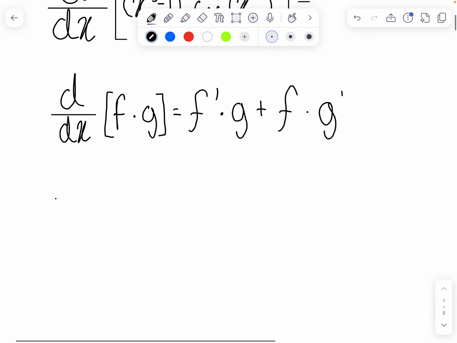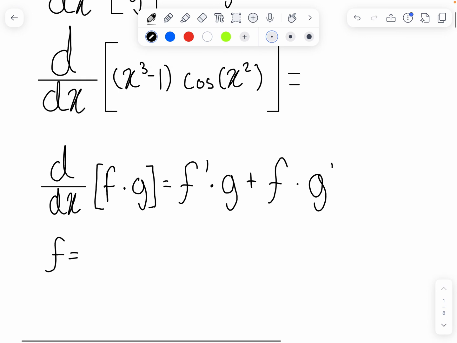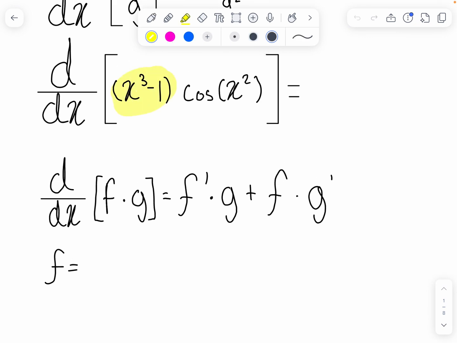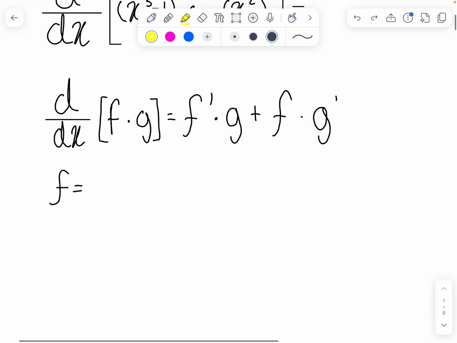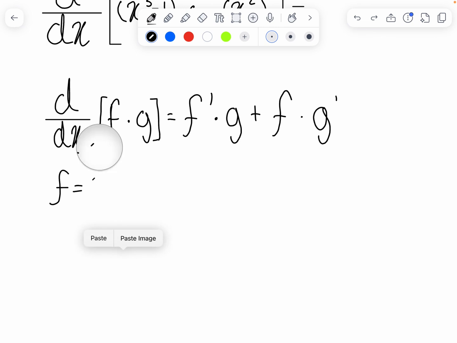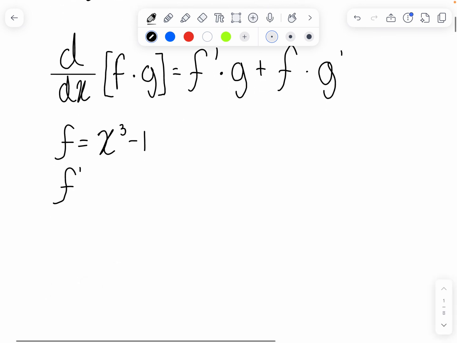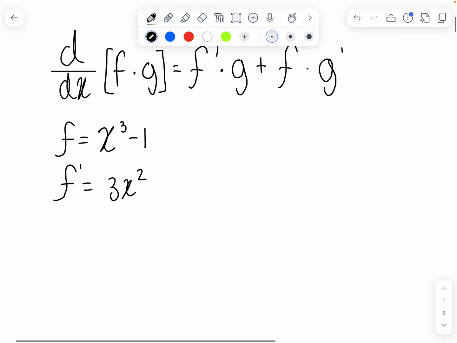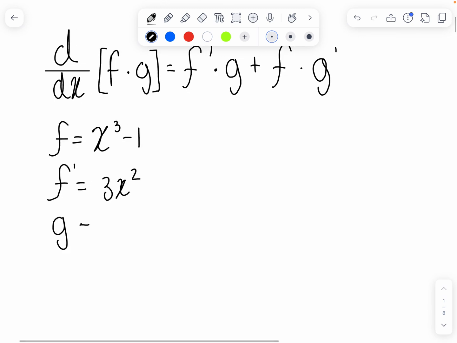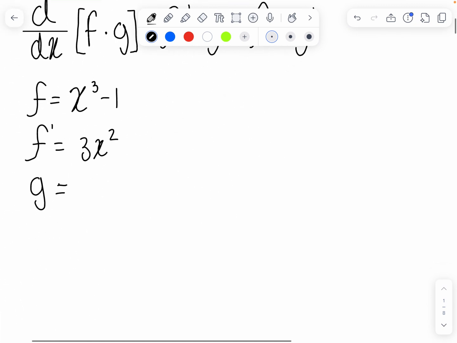So let's get started. The value of f is just this, x cubed minus 1. The value of f prime is going to be 3x squared. And the value of g is going to be cos of x squared.